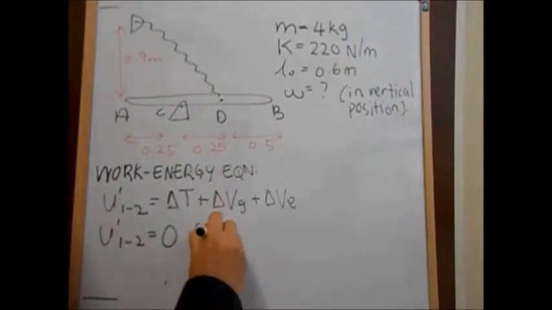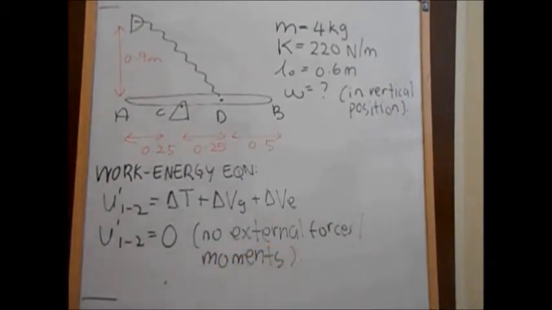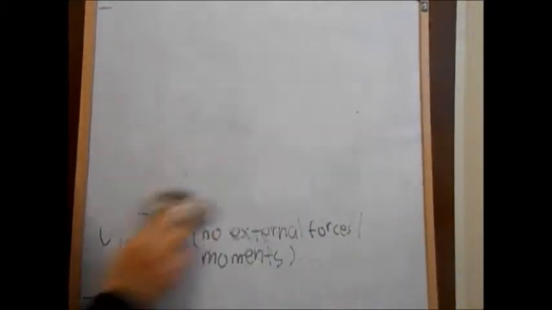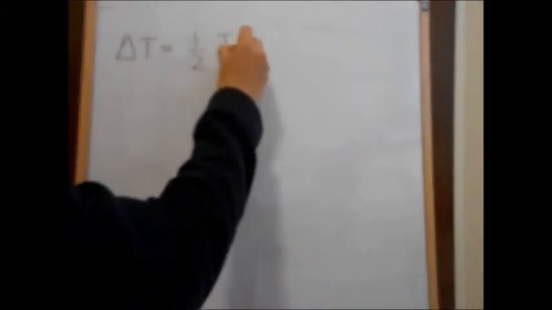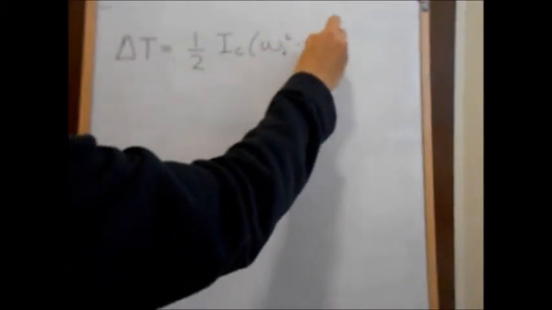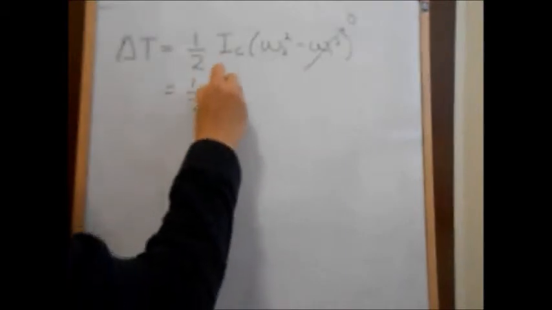In this equation, U prime is 0 as it has no external forces or moment. For kinetic energy in this case, we only deal with the rotational part, so our change in T is half IC change in omega squared.